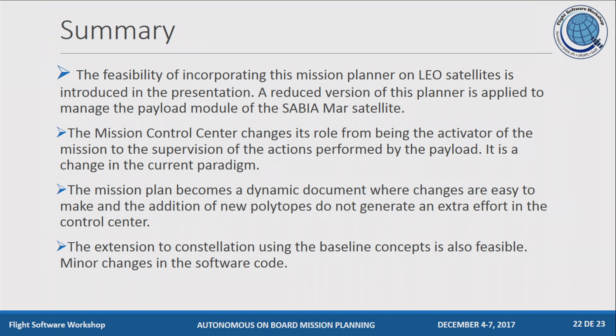So if there is a new area of interest for the science people, they only need to define the polytope and then the actions to execute for this polytope or area of interest. So the mission center will send the command to configure and to add this new polytope to the onboard planner. That's the idea.